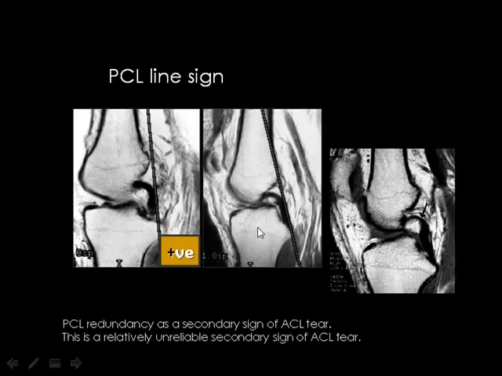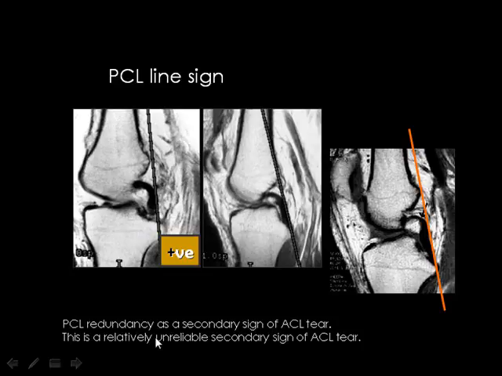If the tibia is displaced anteriorly, this vertical component will be more vertical, okay? If you draw a line like this, in normal cases, this line will touch the femur. But if the anterior cruciate ligament is ruptured, this line will not touch the femur, because the vertical part of the ligament is more vertical, because the tibia is displaced anteriorly.